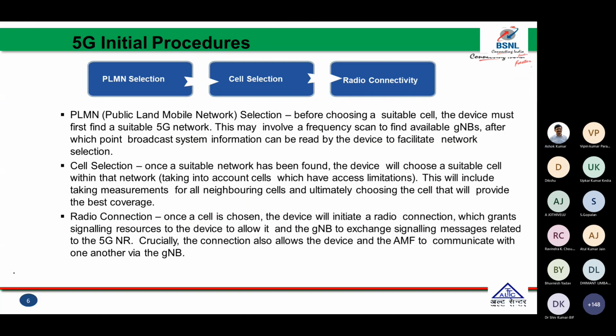Like cell selection in LTE, here also in 5G, the cell selection criteria is there with respect to SS-RSRP and SS-RSRQ, right? There are minimum levels defined for RSRQ and RSRP.